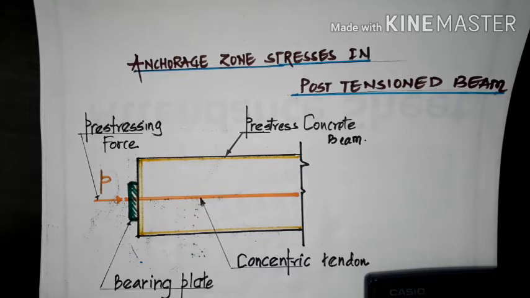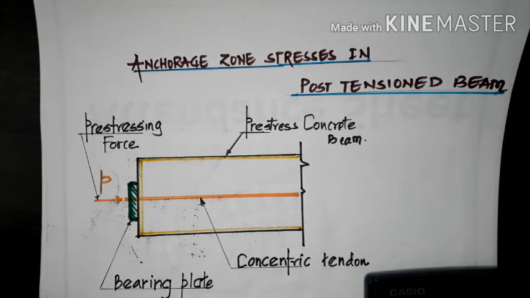Generally the anchorage is provided only in post tension beams. We are going to discuss how the stresses are developed in the post tension beam due to anchoring of the cables. Okay, so that we are going to discuss today.